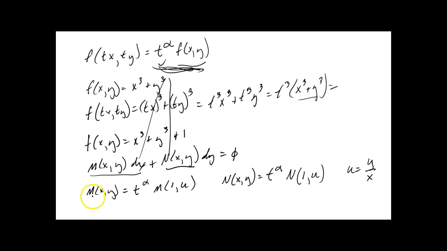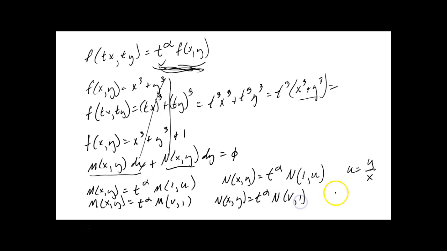Or if it worked out better to do this, M of xy is equal to, and remember these are assumed to be the same, so t to the alpha times M of v, 1 and N of xy is t to the alpha times N of v, 1. In this case, our substitution would be v is equal to x over y.